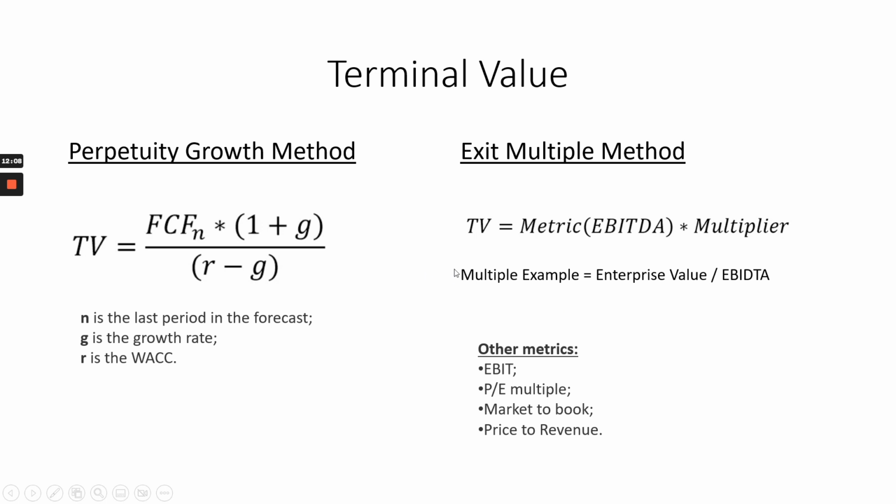So the terminal value would be the metric, EBITDA, times the multiple. For our example, we take enterprise value divided by EBITDA. Other metrics that might be used are the EBIT, the price to earnings multiple, the market to book, and the price to revenue.